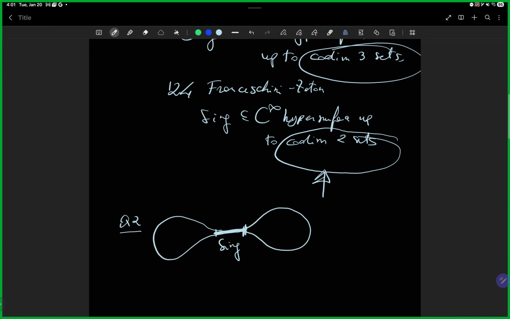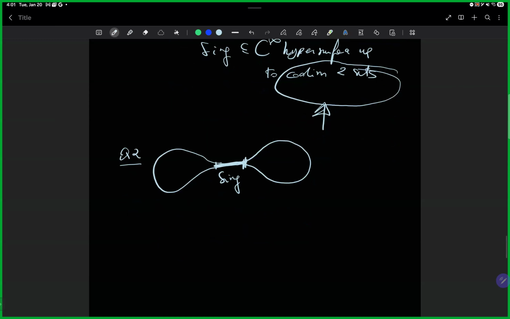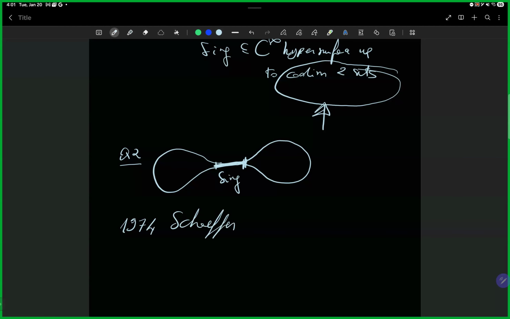The singular set is as large as the whole free boundary. They have the same dimension. So from this example, it looks like in general the singular set can be very large. But in 1974, Schaeffer made a conjecture.